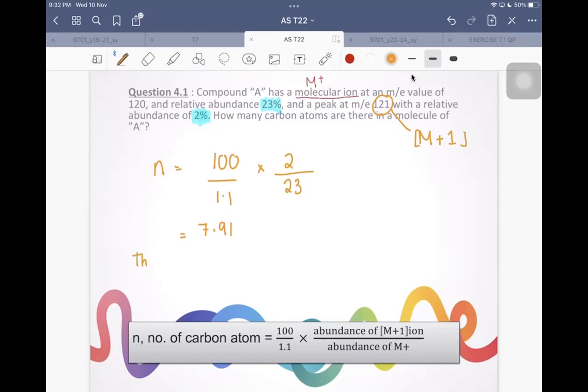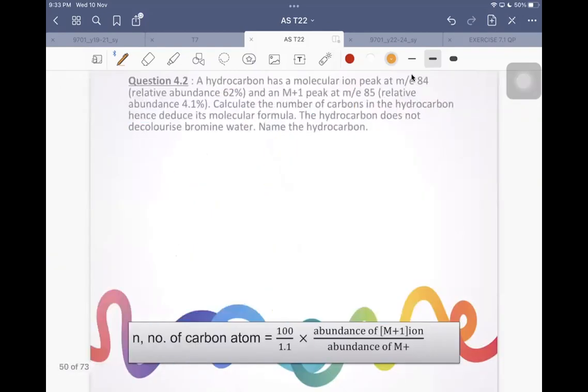The nearest whole number is 8, so there are 8 carbons in the molecule. Okay, so I don't know what else is in this molecule A, so I'm not going to bother with identifying the molecule.